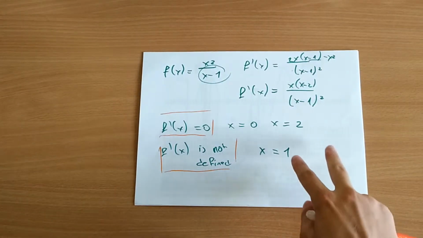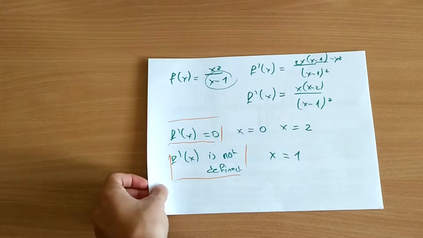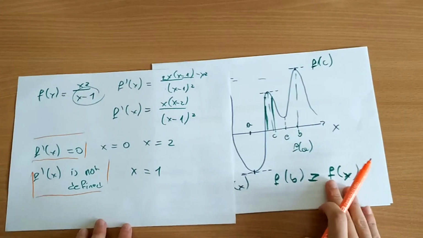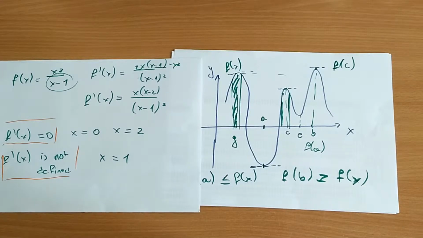So in this video I'm interested in whether we can find a mathematical definition to differentiate when a point is a local minimum or a local maximum.